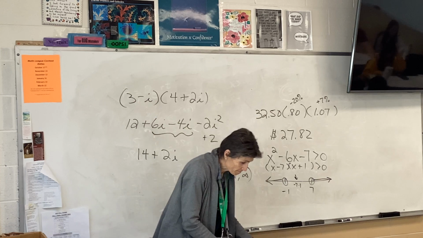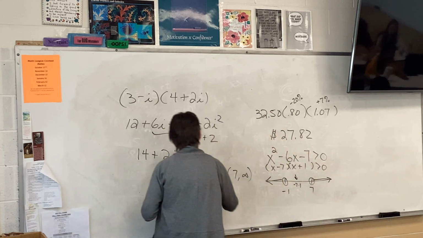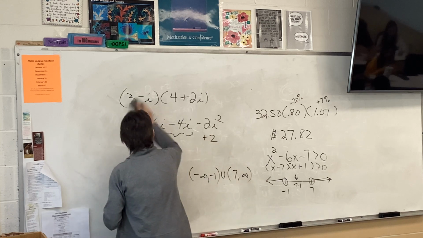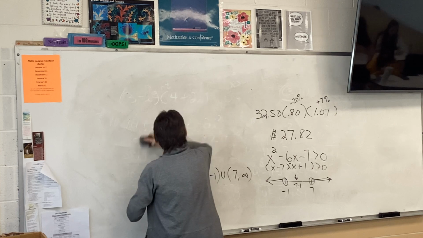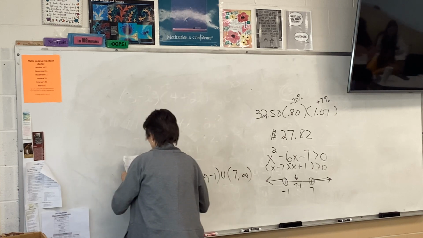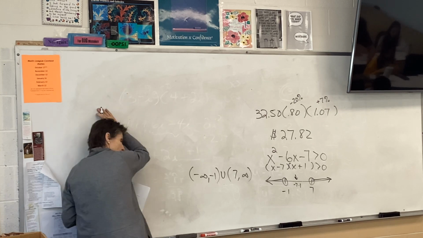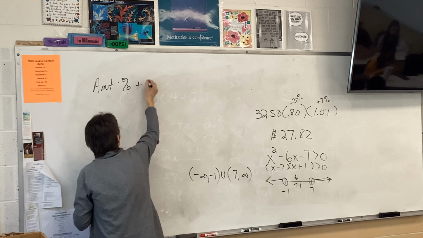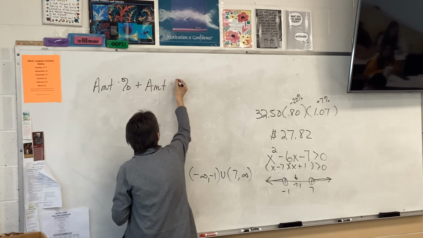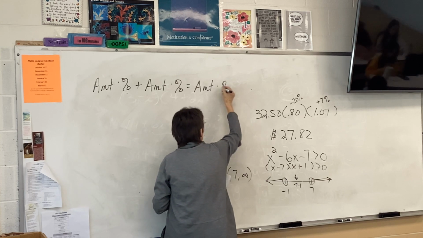All right. Number 29, oh boy. What is our strategy for problem number 29? There we go. Amount times percent plus amount times percent equals amount times percent.